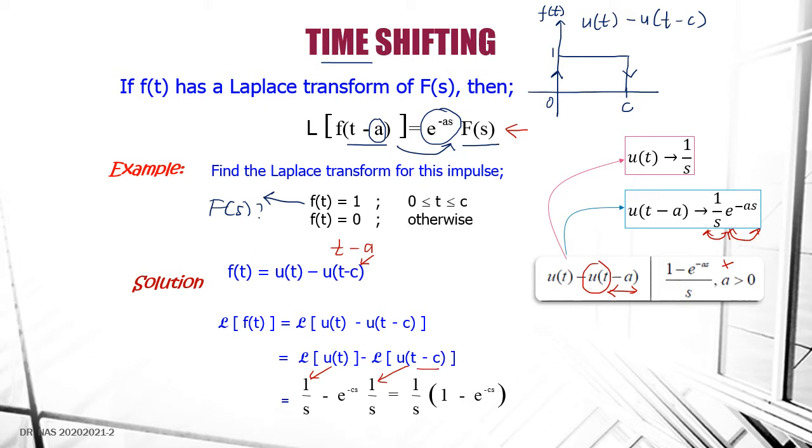For the shifting property you'll have the exponential function of as. So in this case, your a is equal to c, so replace a with c. So this is your Laplace transform of f(t).